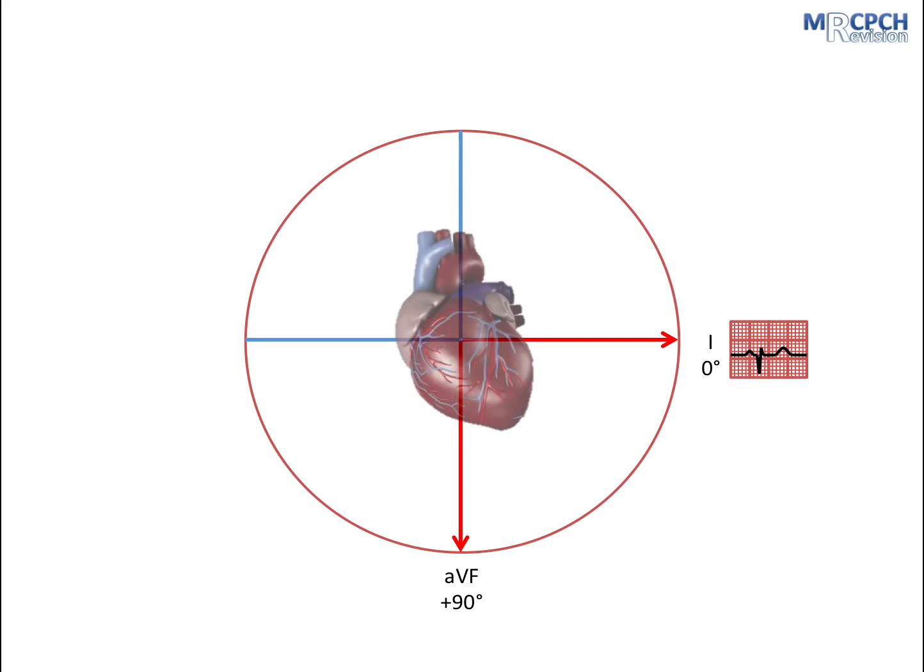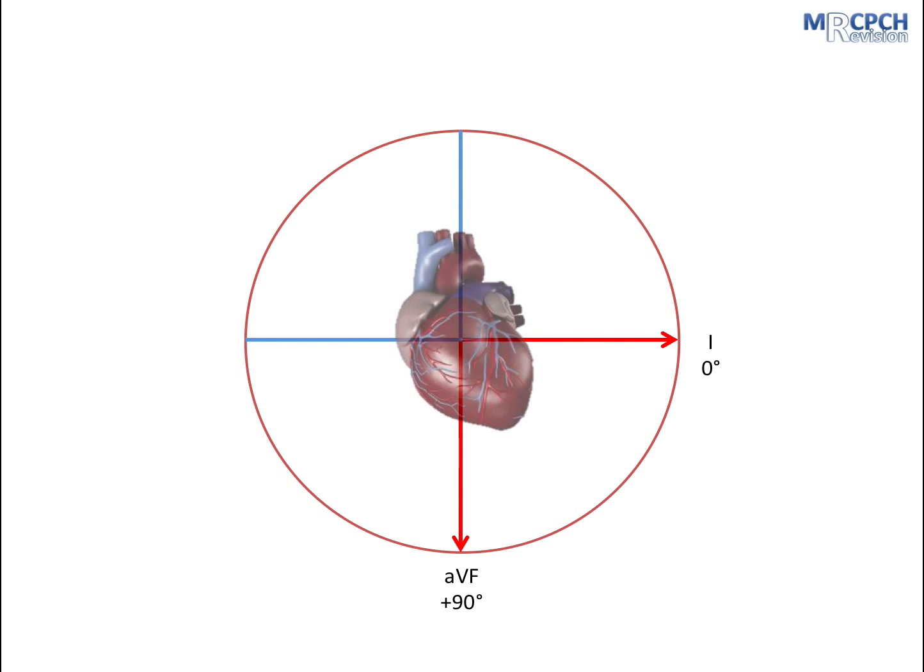If, on the other hand, the complex is in a negative direction, that means the electricity is flowing away from lead 1, like that. The same is true in lead AVF, so the positive QRS complex means the electricity is flowing in this direction, and a negative QRS complex means the electricity is flowing in this direction.